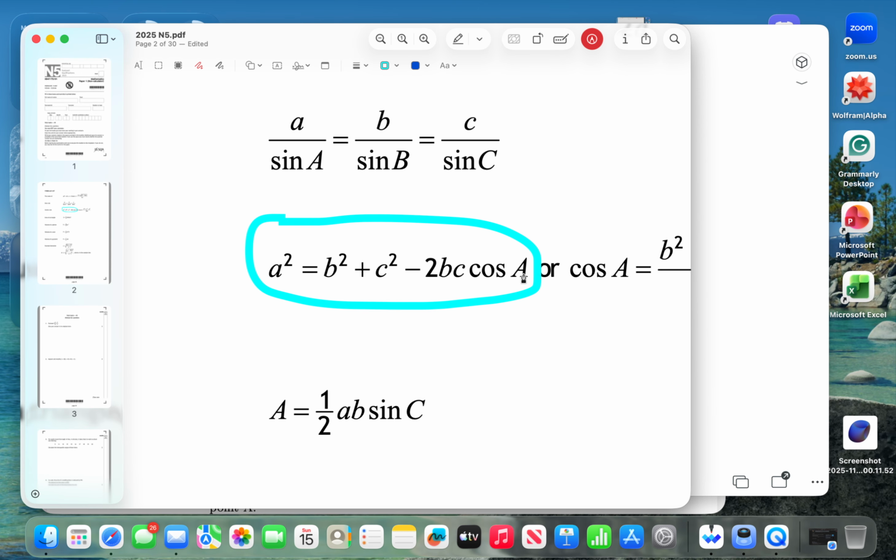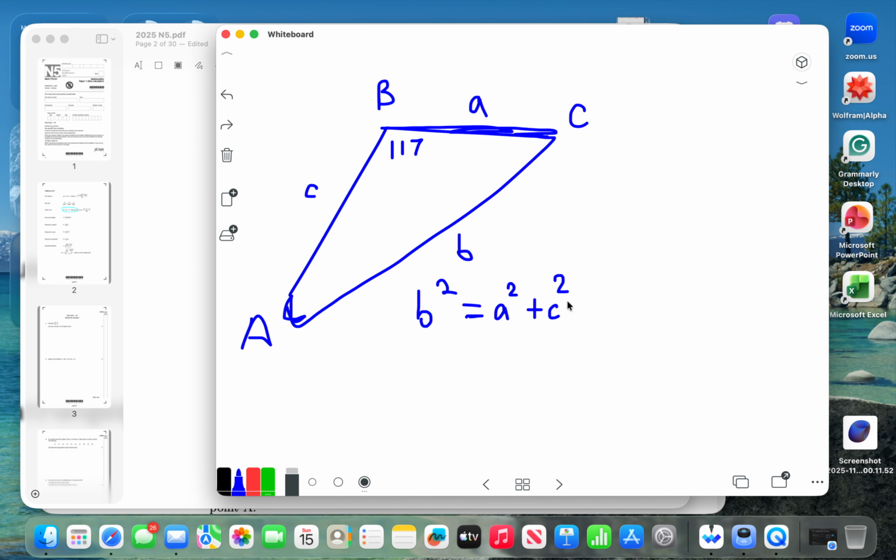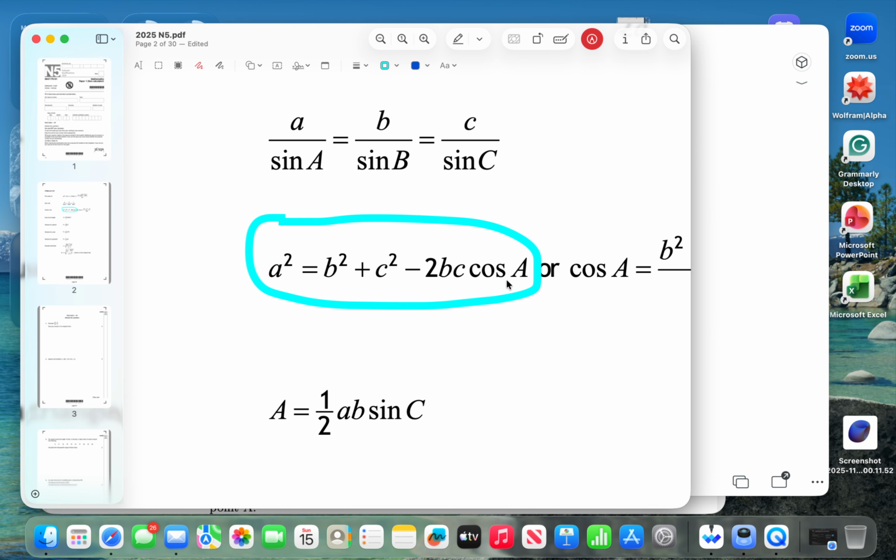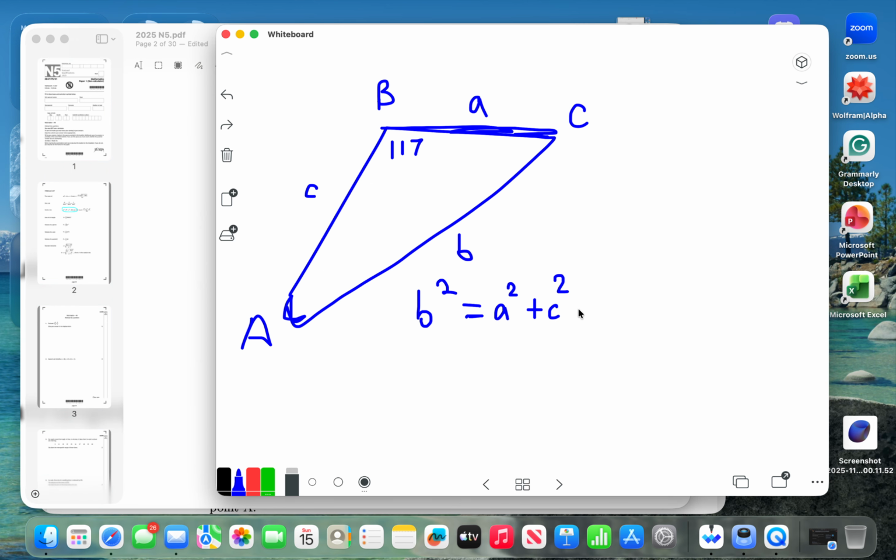And we replace the angle A with the angle B, because the angle B is the angle we know, and on the right hand side it has to be the angle we know.